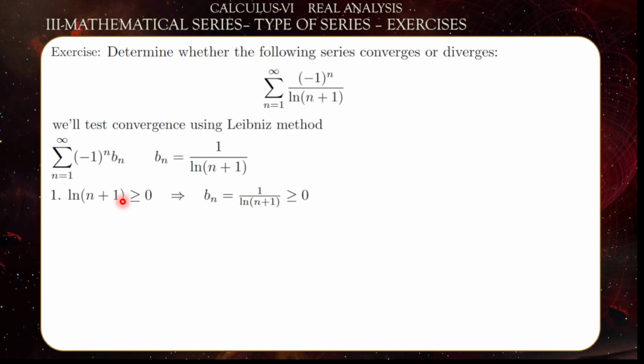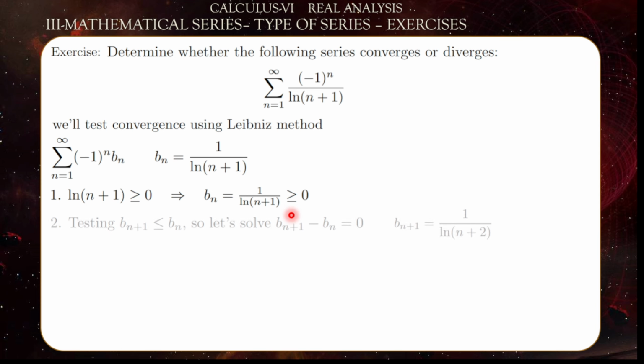And for n positive, as n keeps increasing, the logarithm is always greater than 0, actually, for n equal to 1 and then increasing from 1 all the way to infinity. Hence, 1 divided by ln of n plus 1 is always greater than or equal to 0.